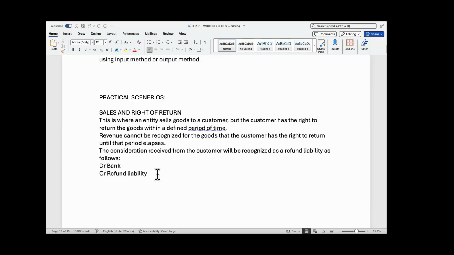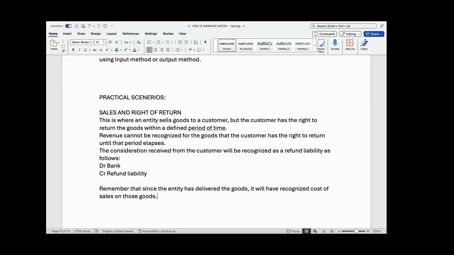Because remember that, let me put it that way, since the entity has delivered the goods, it will have recognized cost of sales on those goods.